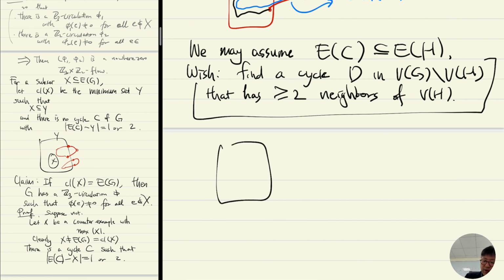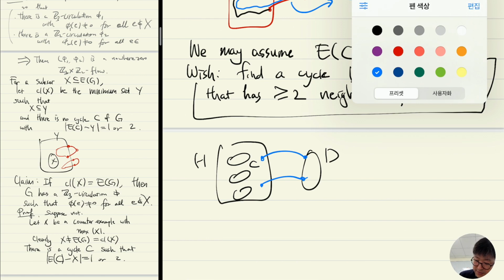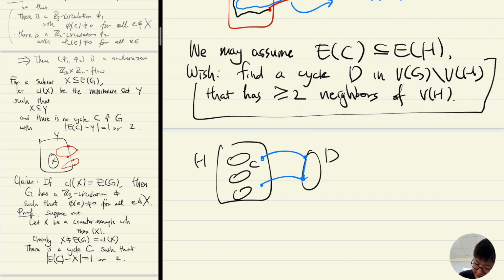Why? Well, so here's a C, here's a H. If I have a cycle D having two neighbors, then what can you do? Well, that already gives me something like this, where this is a cycle having only two edges outside of the closure. Oh, I mean, this is what I mean.